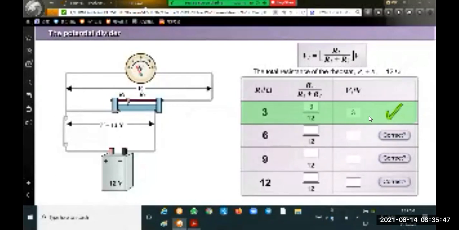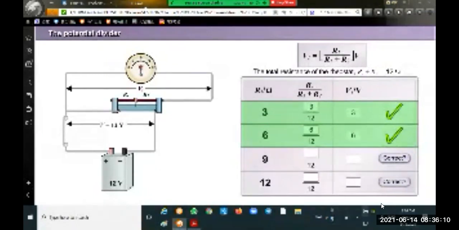What happens for 3, yeah? Because this one, 6 is half already. If 6, the slider will be at the center. Okay, because the total is 12, 6 should be at the center. R1 and R2, that means 6 R1.